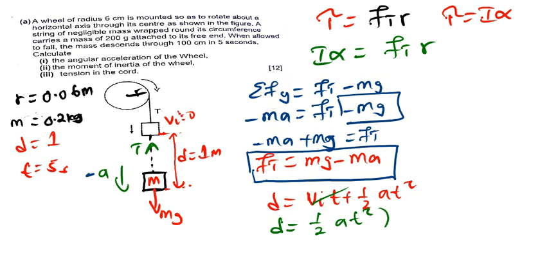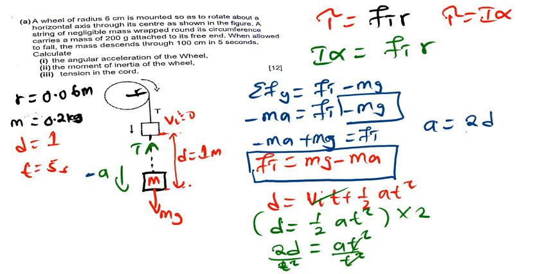Let's multiply by 2 everywhere to get rid of the half, so it will be 2d is equal to acceleration times t squared. We divide both sides by t squared, so these will cancel. I want to find acceleration, so I'll have acceleration equal to 2d divided by t squared.